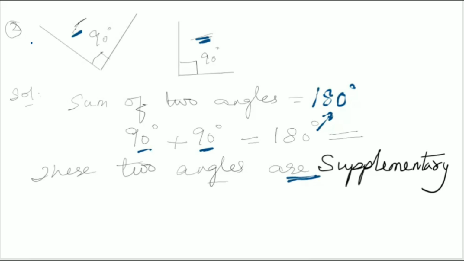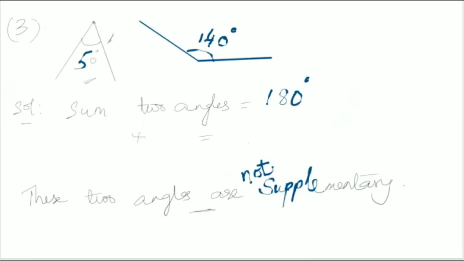I hope you are able to understand easily now, since we have solved a few questions on complementary angles. We will take another example, third example. One angle is given as 50 degrees and the other angle is given as 140 degrees. For supplementary angles, the sum of two angles is equal to 180 degrees.